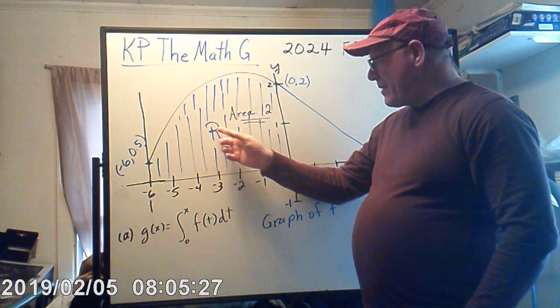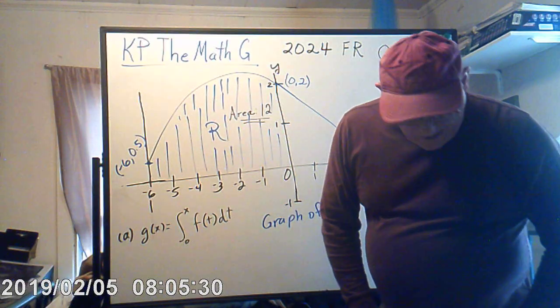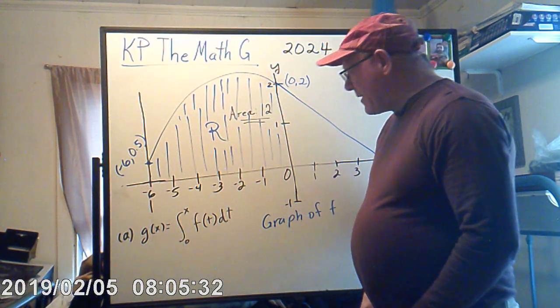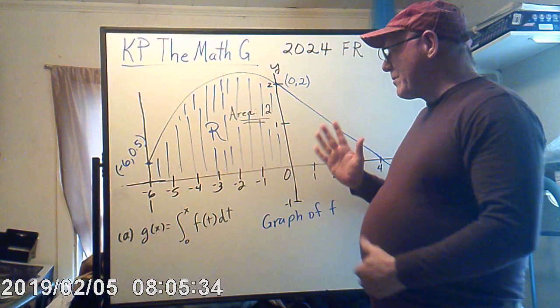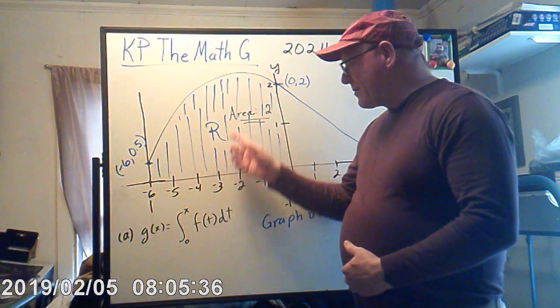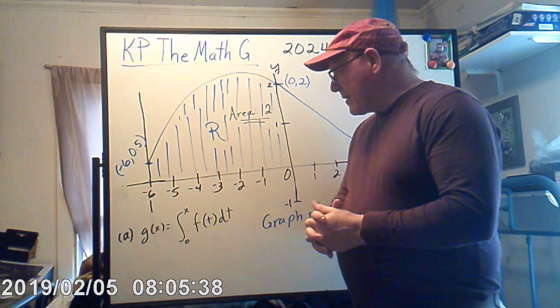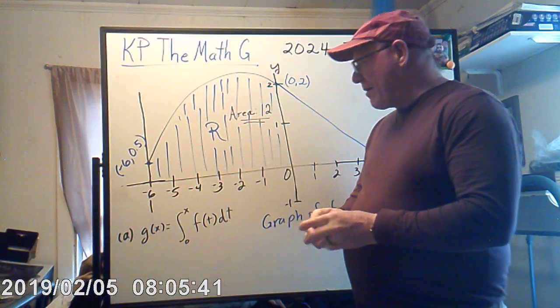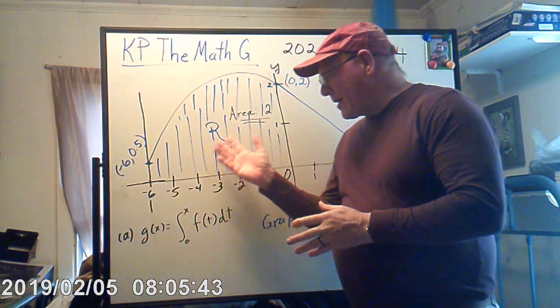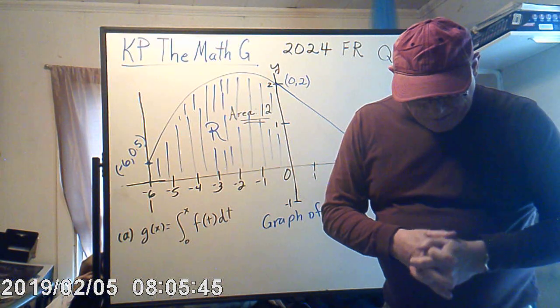This is region R, a shaded region. This part is not shaded for whatever reason, but the area of region R is 12. Maybe that's the only reason they shaded this, to say that that's the area.